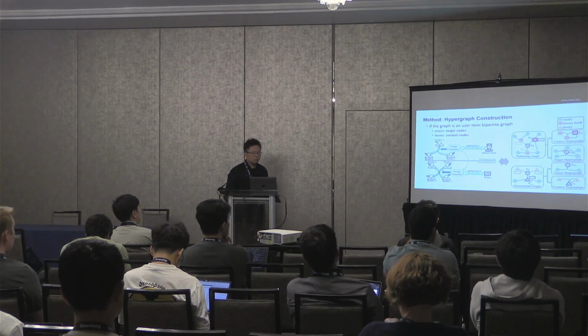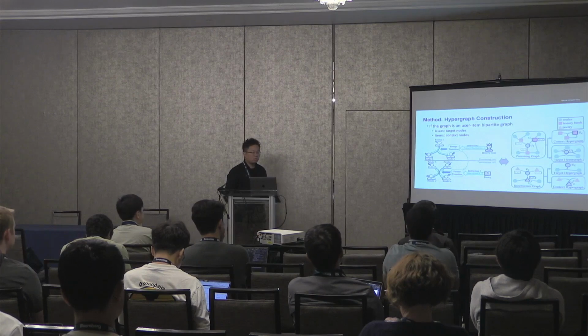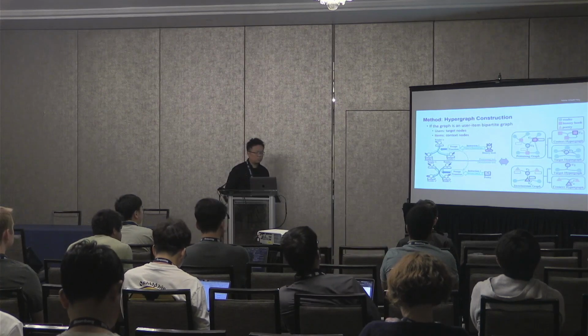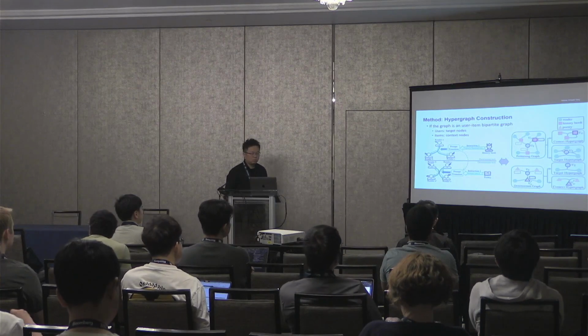Then, for each of the pretraining and downstream graphs, we will have a target hypergraph where users who interacted with one common item are connected by one item hyperedge. Similarly, we'll have a context hypergraph where items interacted with by the same user are connected by one user hyperedge.